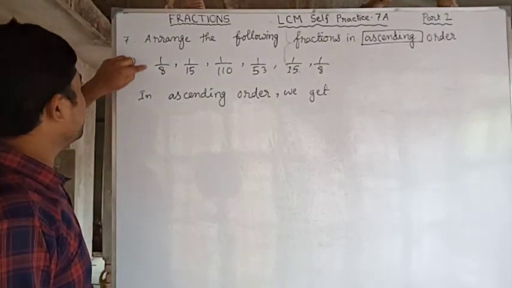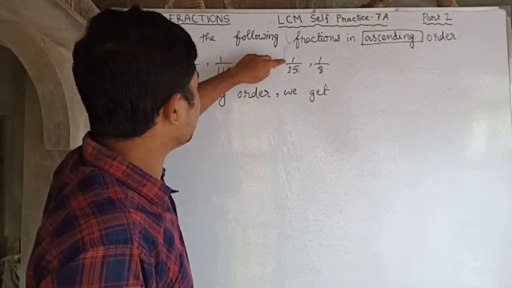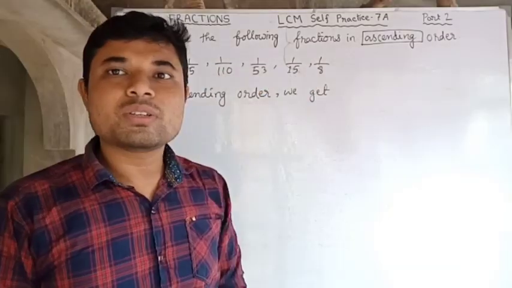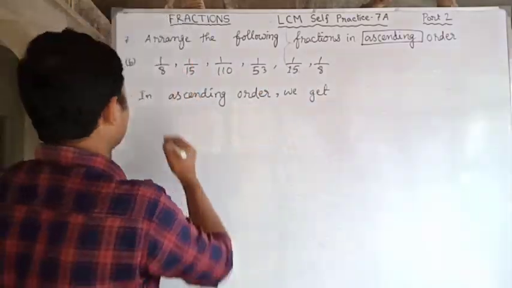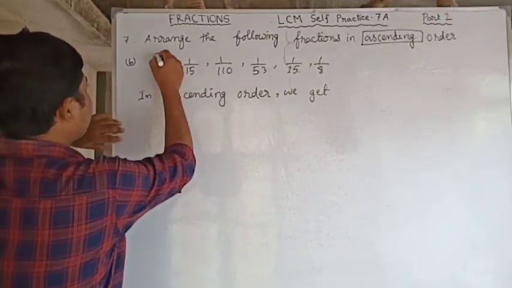Question number B: 1 by 8, 1 by 15, 1 by 110, 1 by 53, 1 by 15. This is very easy, you already learned it, and I know some students will get the answer too. Look here, what is the same?